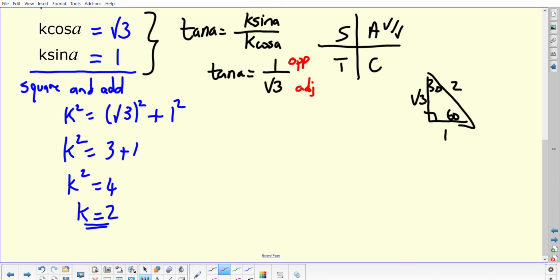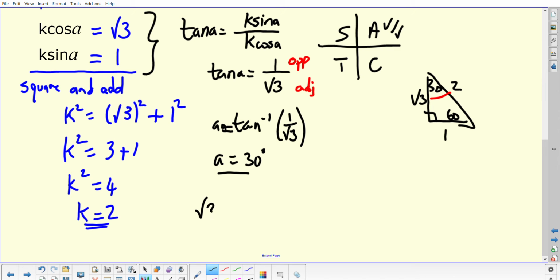So which angle has got the 1 opposite it, and hopefully you can see that that would be 30 degrees. So here, our angle A is going to be tan to the -1 of 1 over root 3, and that would give us the angle of 30. That allows us then to write out our expression, which was our root 3 sine x minus the cos x.